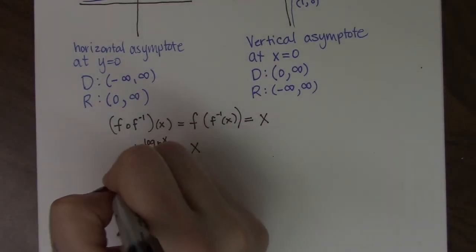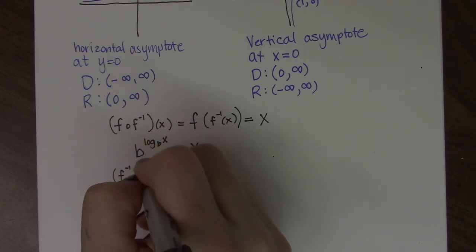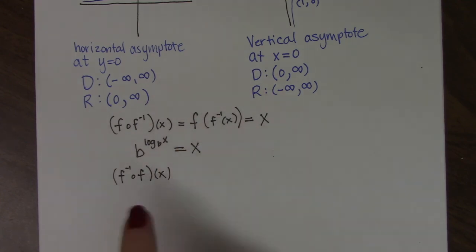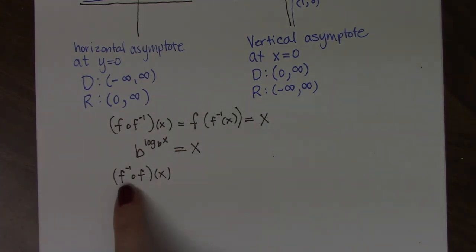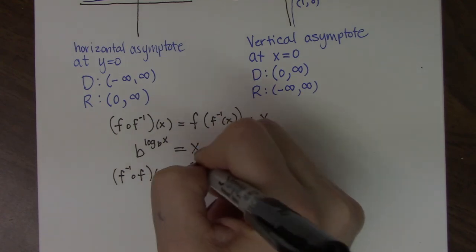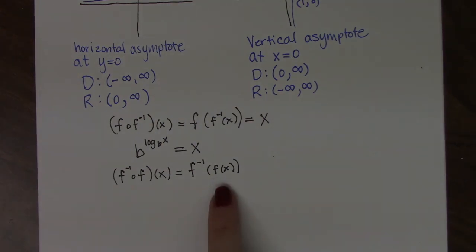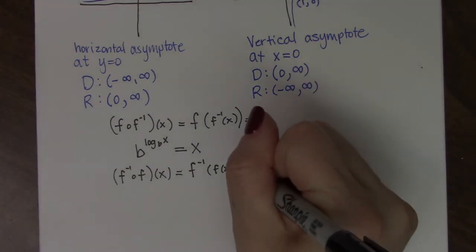But we can also compose the other way. So if I take the original function f of x, and I plug it into its inverse, it too will equal x. So this is the same thing, right, as saying plug f of x into f inverse.